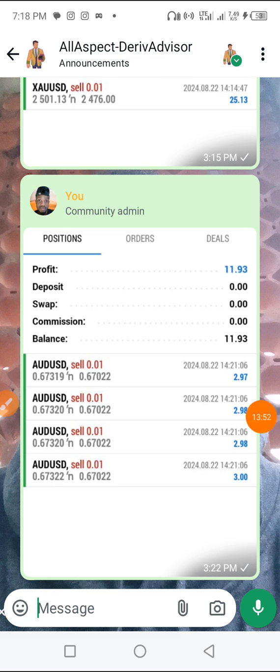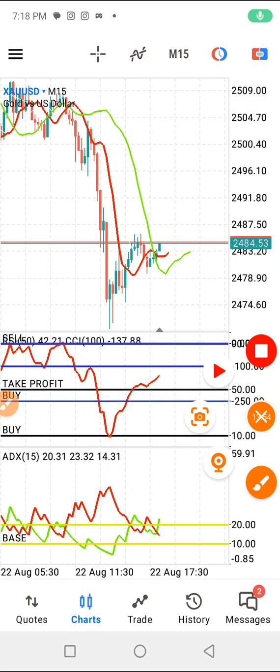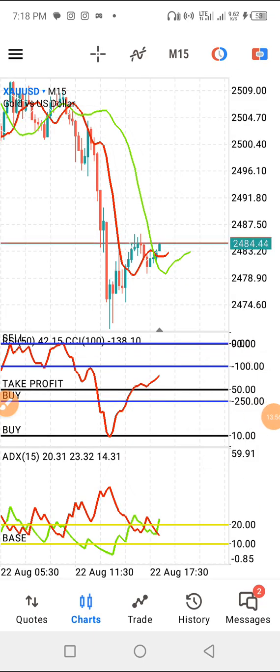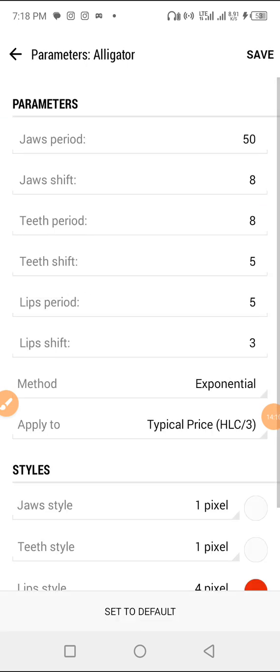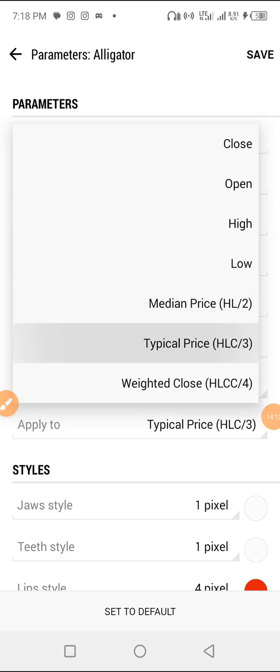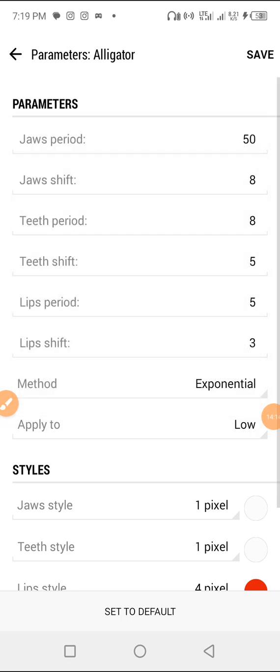So now let me show you the settings for this strategy. Once you click on the F plus or whichever icon it is at the top, the first one is the alligator. You can see it, just screenshot. I don't want to delay.